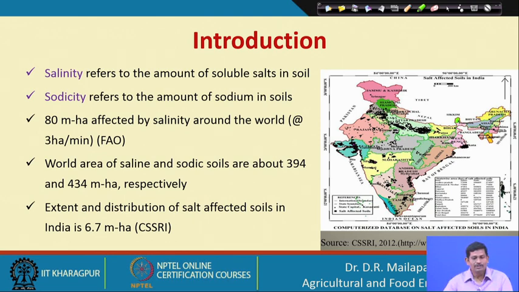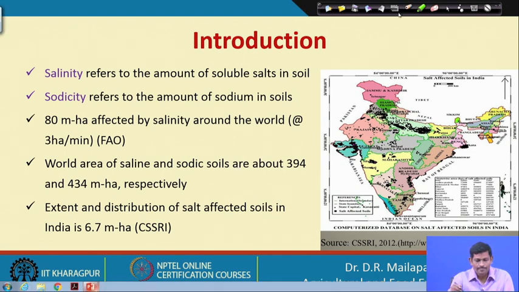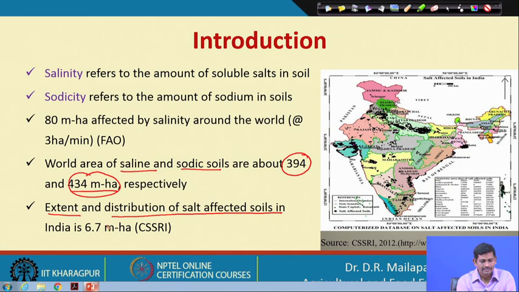The world area of saline soils is around 394 million hectares and sodic soils around 434 million hectares. And the extent of salt affected soils in India is 6.7 million hectares.